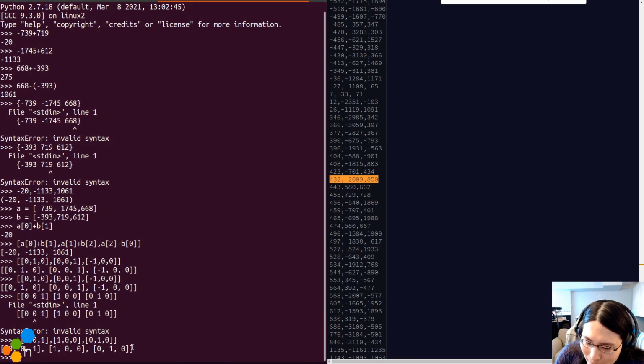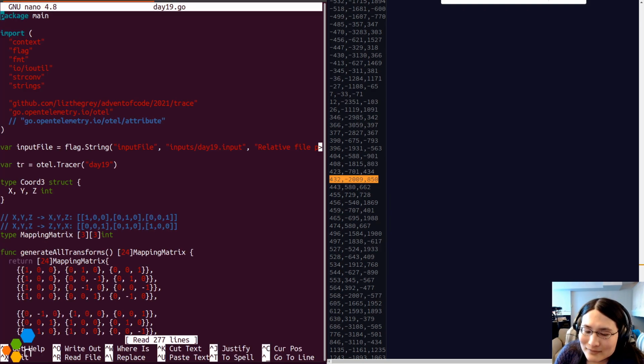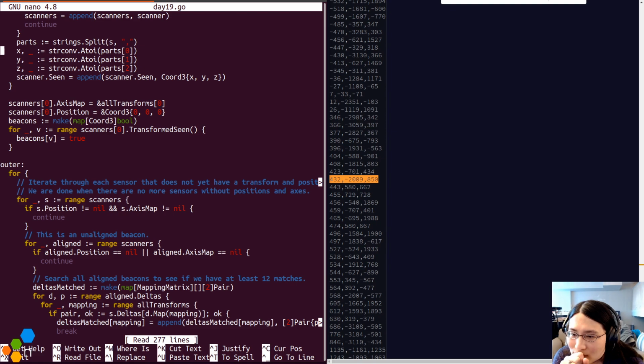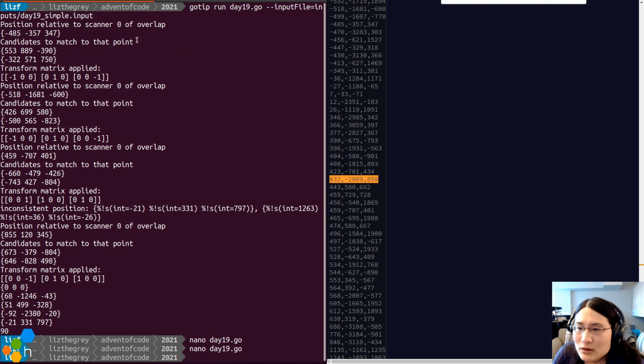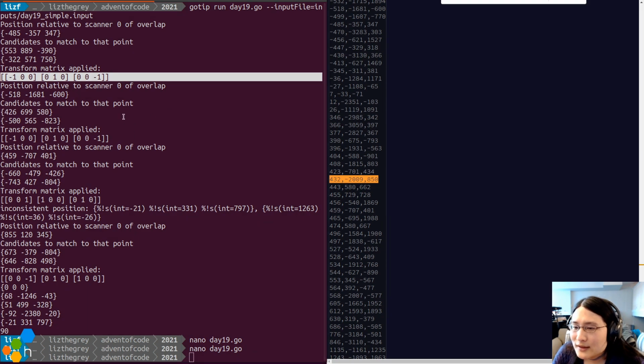But the transform that my code is giving from matrix multiplying together from 0 to 1 and then from 1 to 4 is this. 0 to 1, I'm pretty sure is this guy.